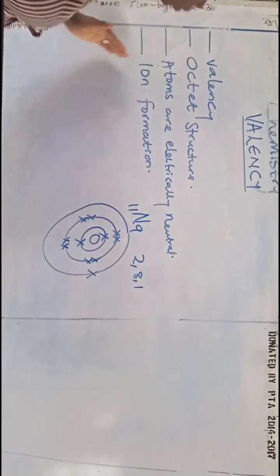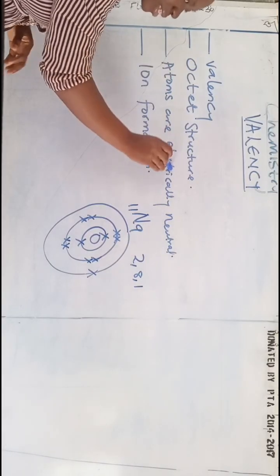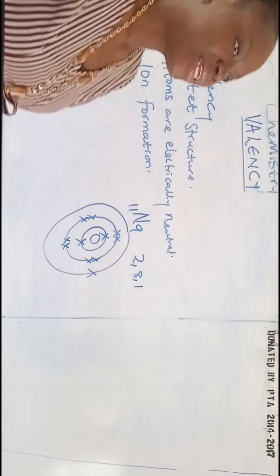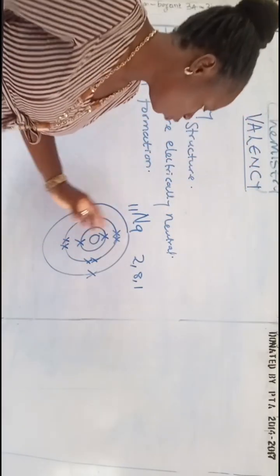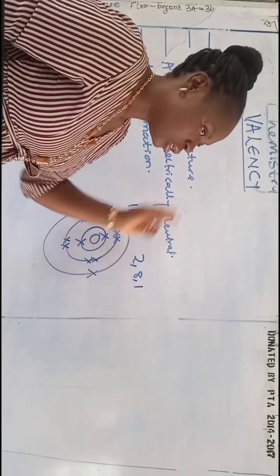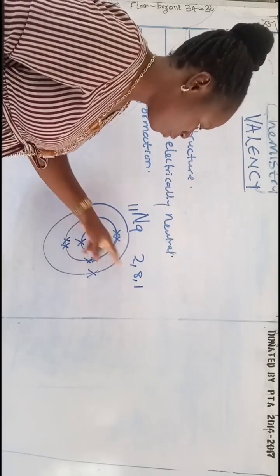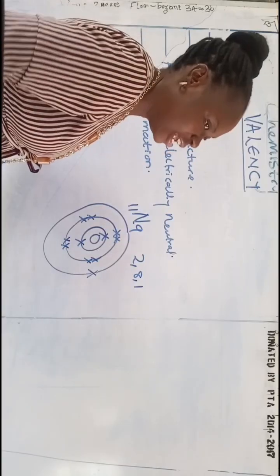I wrote this on the board so that we can follow it one after the other. Then there's something we call the octet structure. Octet structure has to do with some rules. If you look at this key element shell, the second shell contains a maximum number of what? 8 electrons.